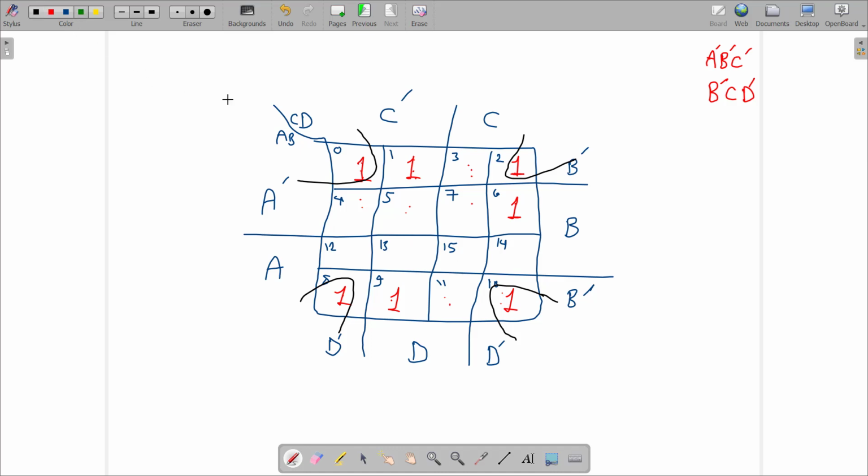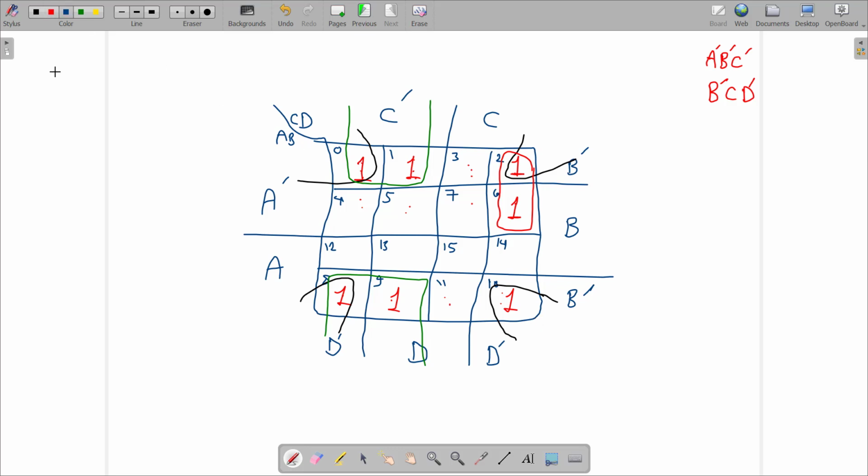On the other hand, if you look at these 4 ones, you can see that all of these 4 are one group, and these 2 ones can be considered as another group.